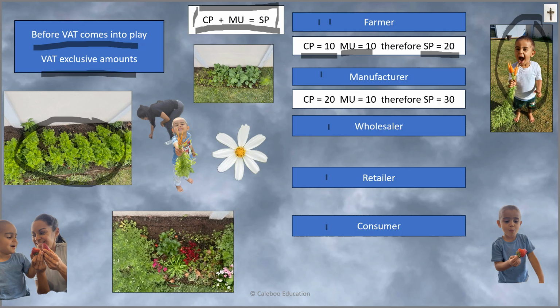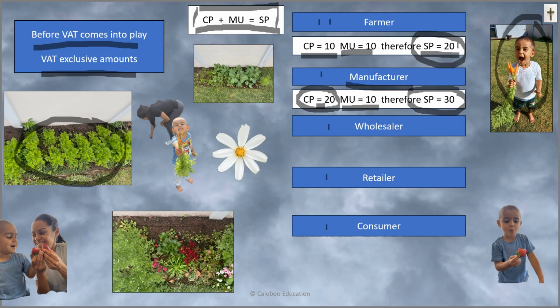When it gets to the next level of production, when the farmer sells to the manufacturer, the selling price of the farmer becomes the cost price of the manufacturer. And in this example, there's a gross profit or markup of 10 added to the cost price of 20, which gives a selling price of 30.